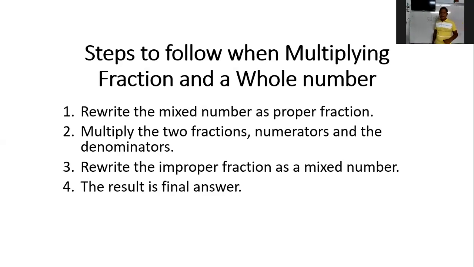Okay? 5 and 1/2 times 3 over 4. So we will first change the mixed number into a fraction, and in that case, it will become an improper fraction.